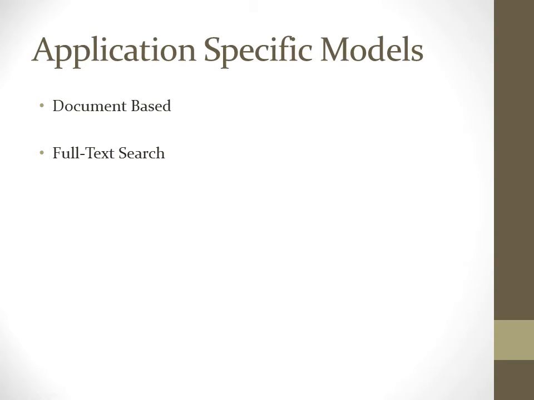We also have application-specific models, such as document-based, seen in NoSQL database management systems, and also full-text search models. So as we said before, relational models can be used to define just about any real-world data model.